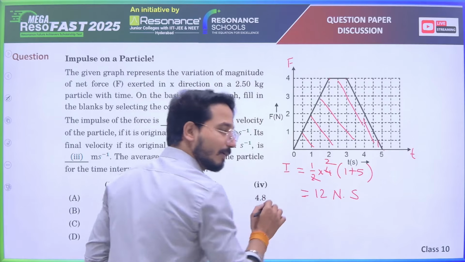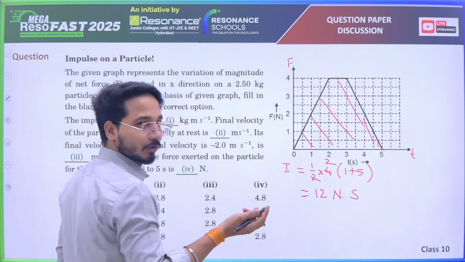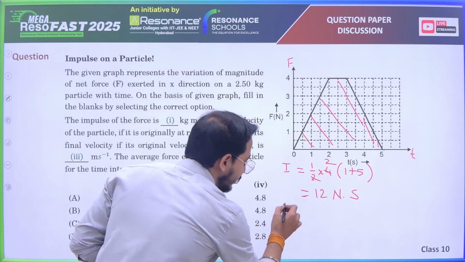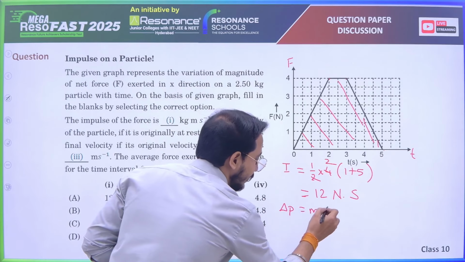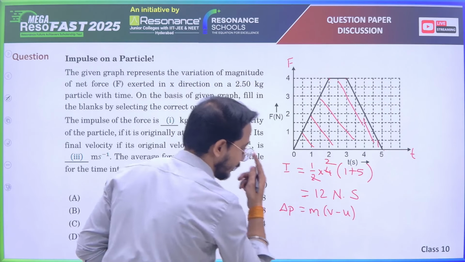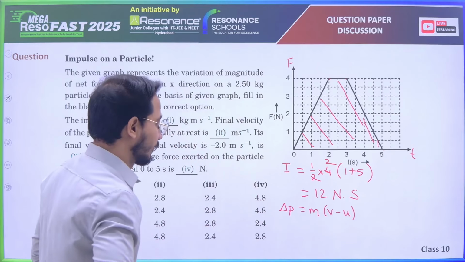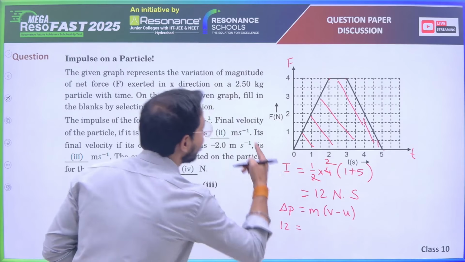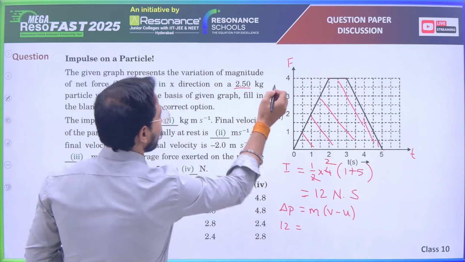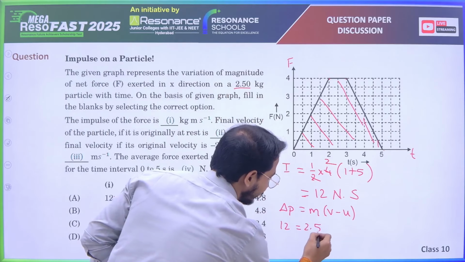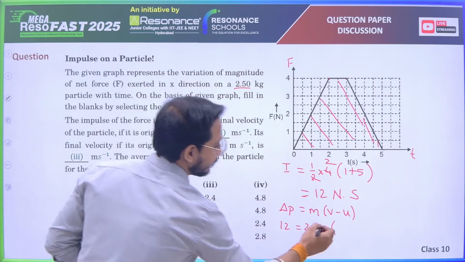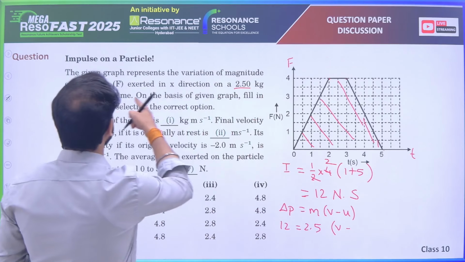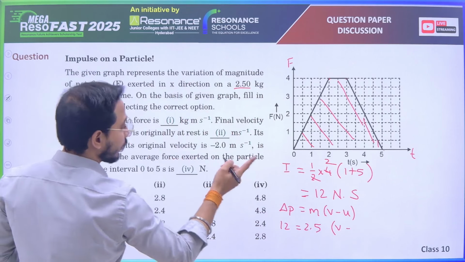So we know the impulse momentum theorem. Impulse is equal to change in momentum, and change in momentum is equal to mass into final velocity minus initial velocity, right? So the change in momentum is given, that is 12, mass is given as 2.5 kg, and v it is asking, and u is also given, initial velocity it is 0.